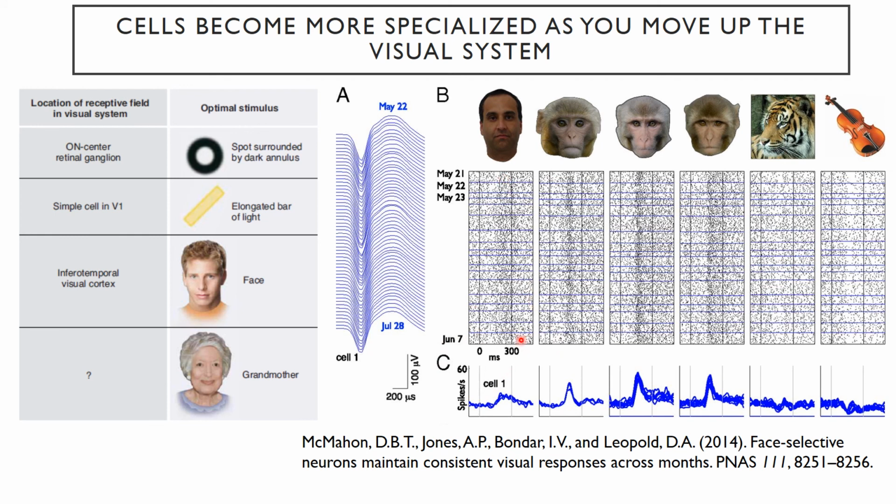And they're recording in the ventral visual stream in the temporal cortex. They're presenting the macaques with different faces. They presented them with the face of one of the researchers, and the macaques actually seem to have some kind of response to that particular face. But they also presented the macaques with faces of other macaques that they knew.